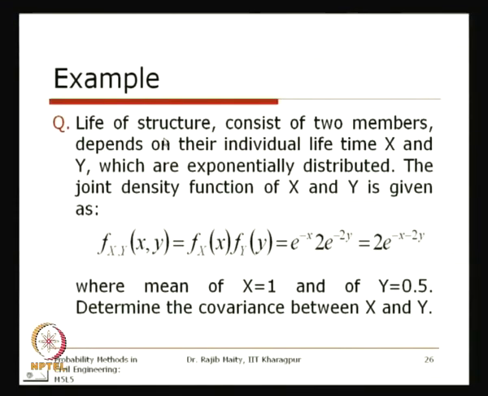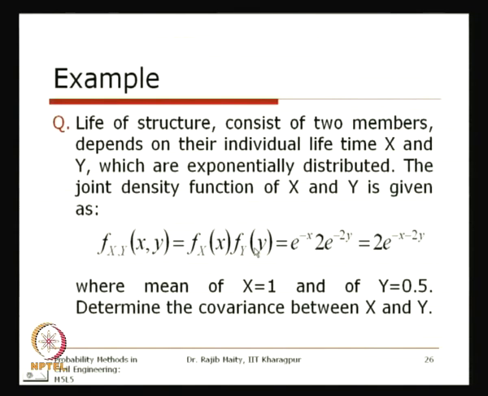So, the life of the structure, which consists of two members, depends on their individual lifetimes x and y. So, here the random variables considered are x and y, the individual lifetimes of the two members of a structure, and both x and y are exponentially distributed. Their joint density function, that is, f of x y, is given as the product of their marginal distributions.